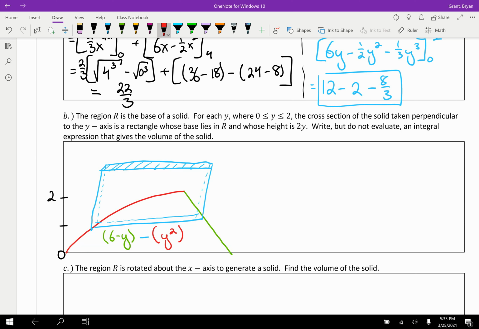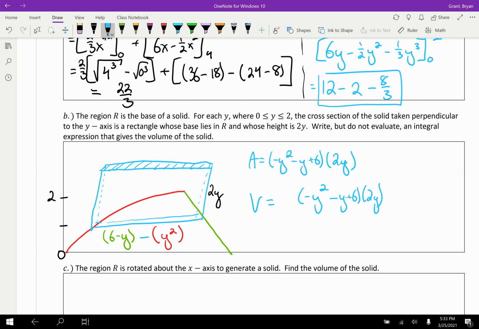The height, they told us, is just 2y. That's kind of a weird one. It's not like double the base or anything strange. It's just 2y. That gives us enough to find the area of a rectangle. The area is the base, and we'll rearrange that: negative y squared minus y plus 6, times the height, which is 2y. So then if we want the volume, it's the same thing: negative y squared minus y plus 6 times 2y, but that's only two dimensions, base times height.